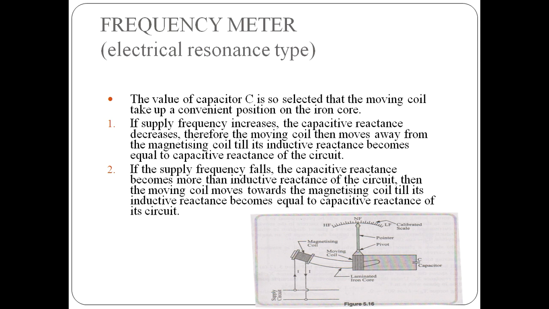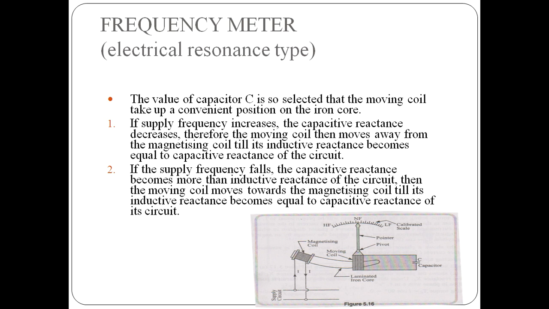The value of capacitor C is so selected that the moving coil takes up a convenient position on the iron core. If the supply frequency increases, the capacitive reactance decreases. Therefore, the moving coil moves away from the magnetizing coil till its inductive reactance becomes equal to the capacitive reactance of the circuit.